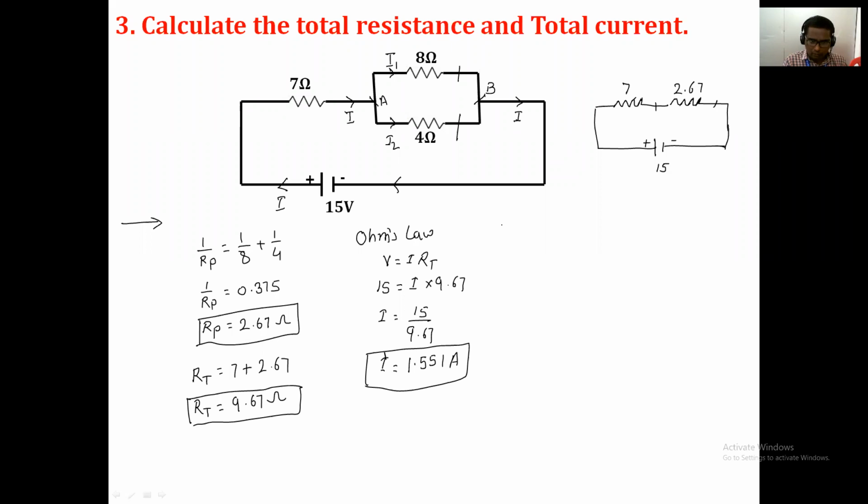and returns to the negative terminal. Now, if the I current flows through the 7 ohm resistance, can you calculate the voltage drop across the 7 ohm resistance?